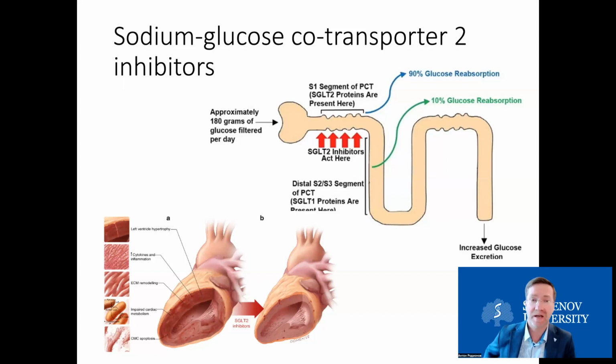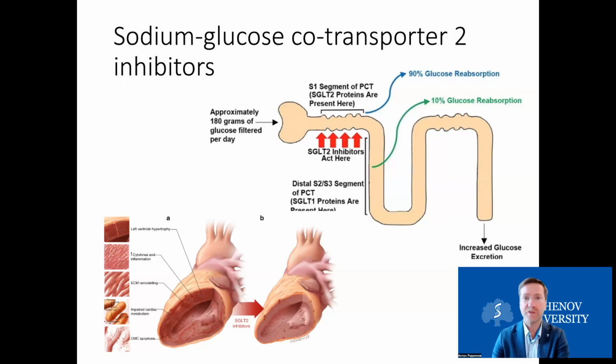They cause glucosuria, and by means of glucosuria, they reduce the level of glucose. First of all, they were used, and until now are used, for treatment of type 2 diabetes.